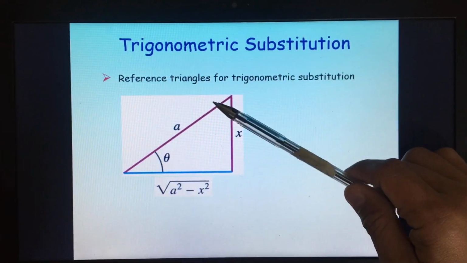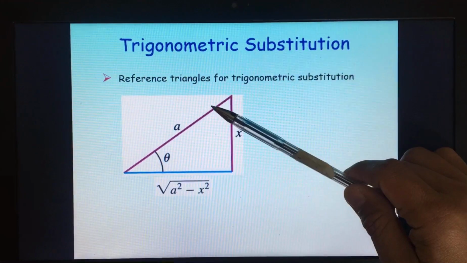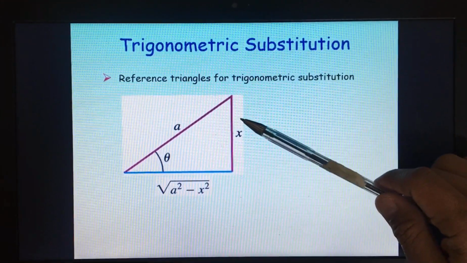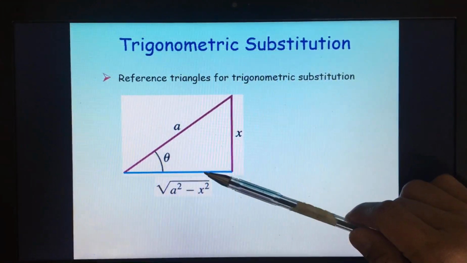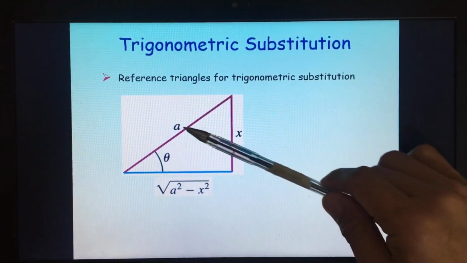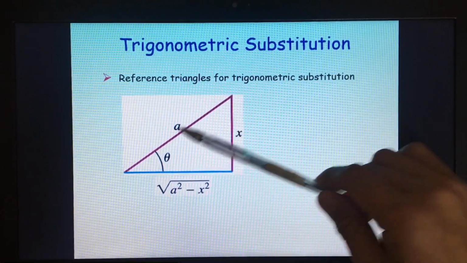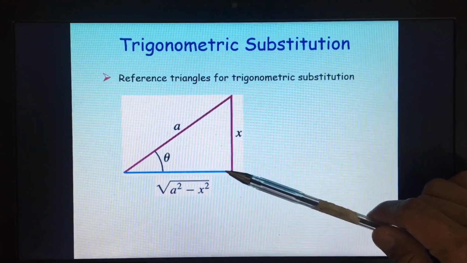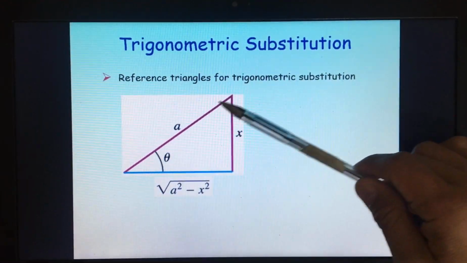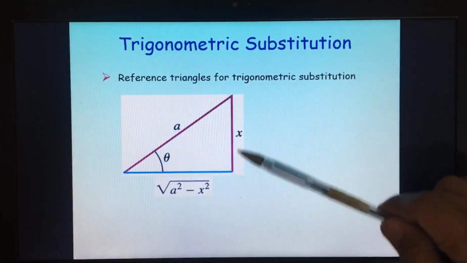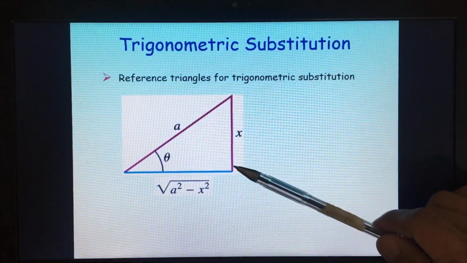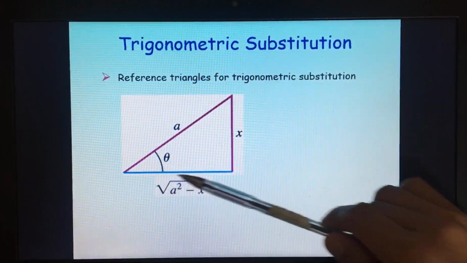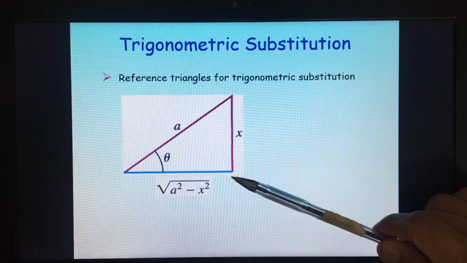If this is the hypotenuse, and this is the x, you square that one, you square this one also, you sum up, and then we have the square of the hypotenuse. But since this is the side that we're going to solve, we have the square of the hypotenuse minus the square of x, then take the square root, so that would be the length of this leg or side of this right triangle.